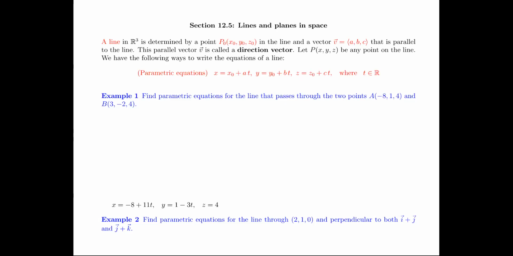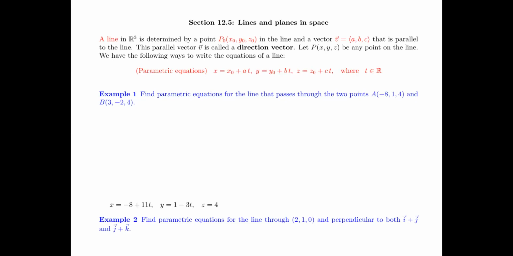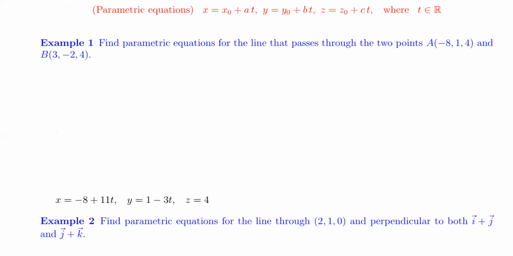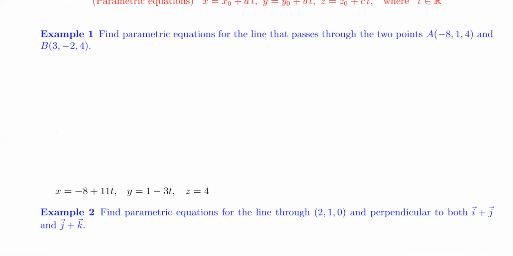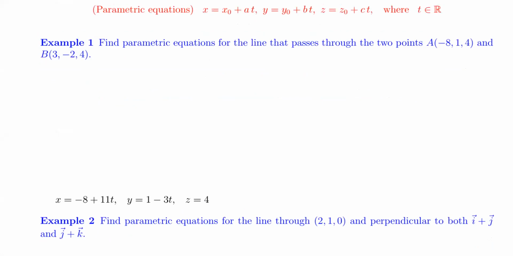So for our first example, let's look at example 1. Find the parametric equations for a line that passes through the 2 points A is (-8, 1, 4), and B is (3, -2, 4). To do this, we need to find a vector that is parallel to the line that we're trying to determine, i.e. a vector that is along this line.